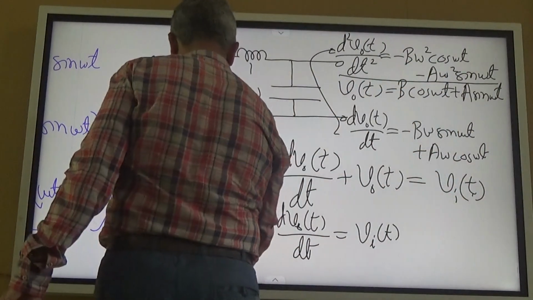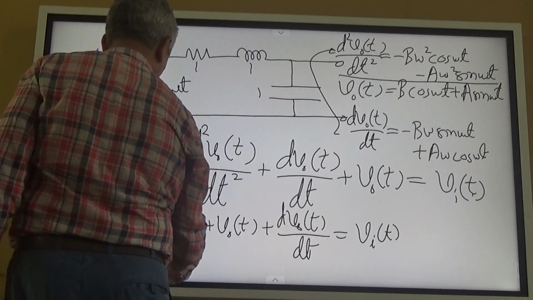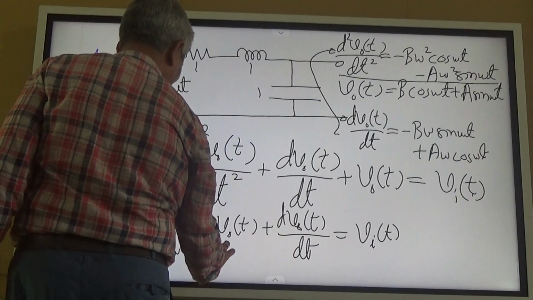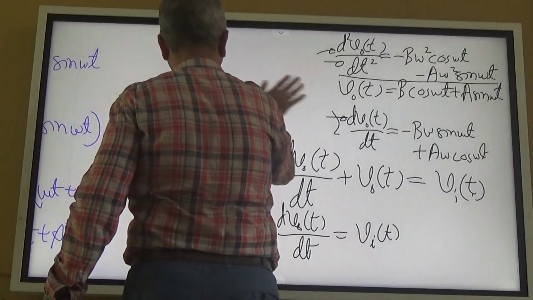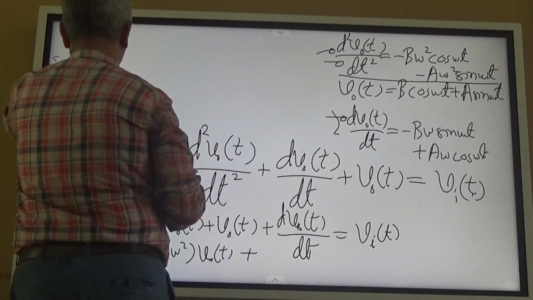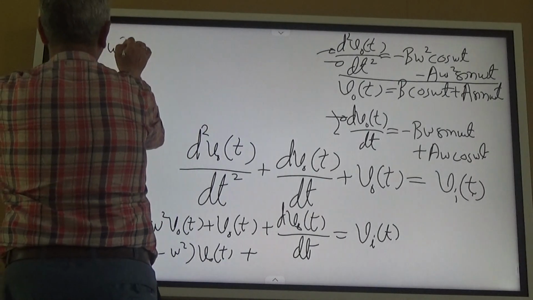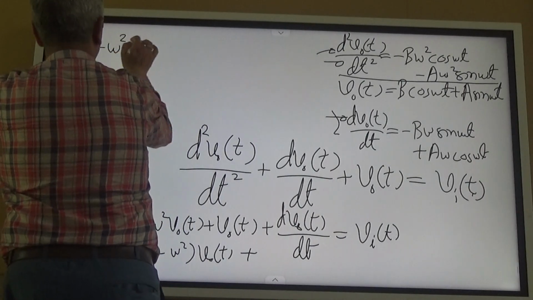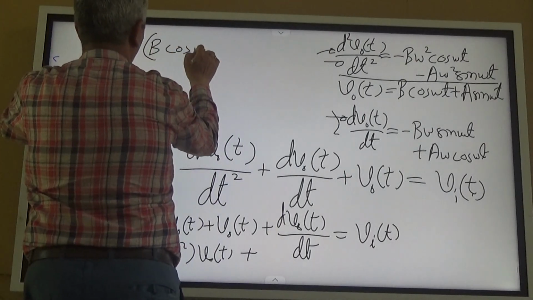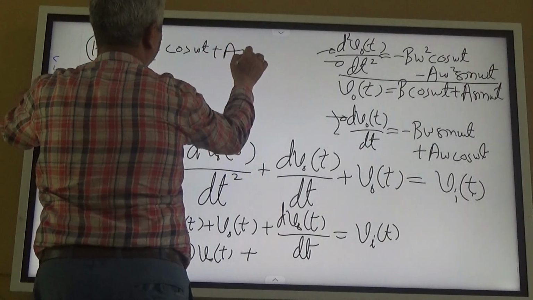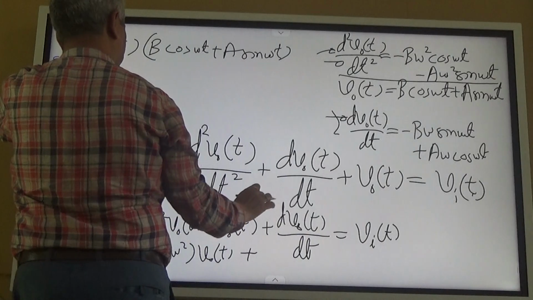So it is 1 minus omega square VOT plus this. So what can we simplify? One minus omega square into VOT is b cos omega t plus a sin omega t plus dVOT by dt.